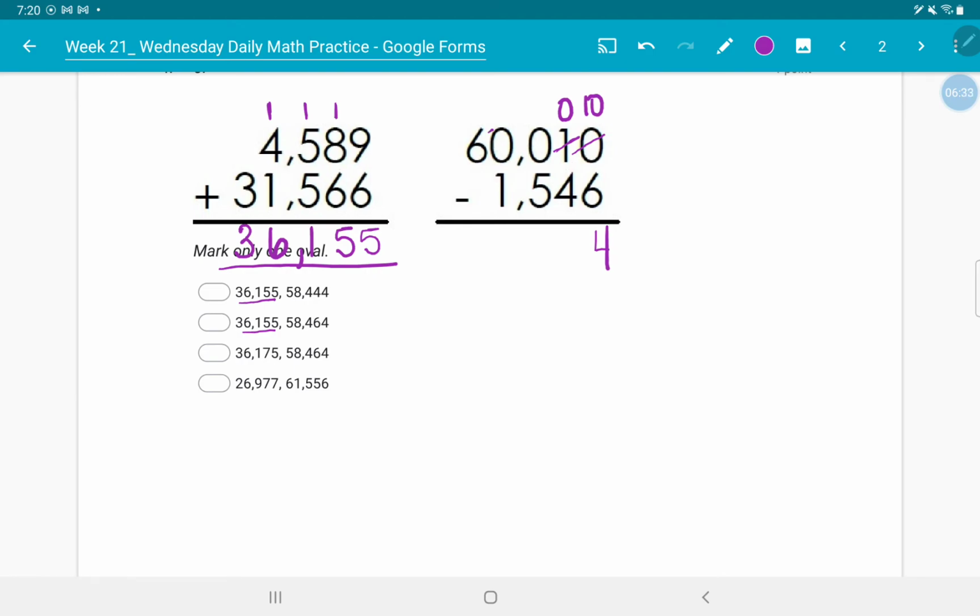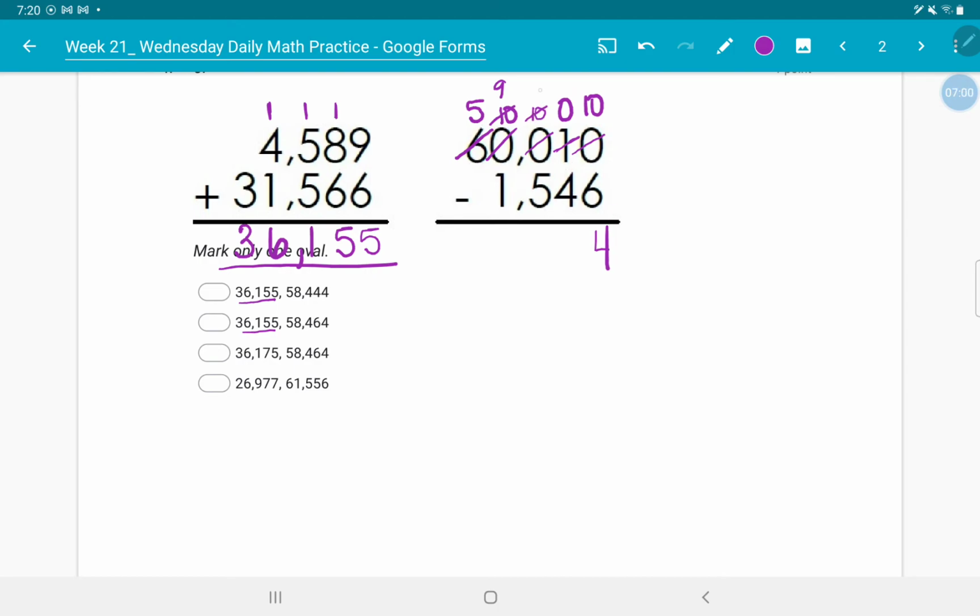I have to come all the way and take a group of 10,000. That leaves me with 5. I can regroup those to my thousands place value. Now I have 10 thousands, but that doesn't help me in my tens place value, so I'm going to take one of those, which leaves me with 9, and give that 1,000 to the hundreds place value, so that'll be 10.